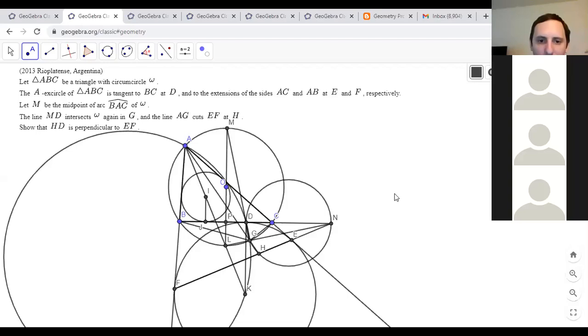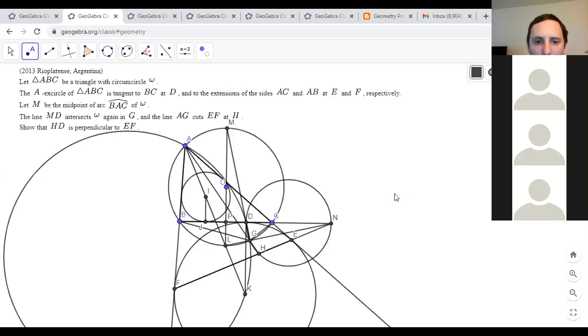Wait, no, we didn't have that L, G, N is collinear. We're going to prove DP times DN is equal to DM times DG.